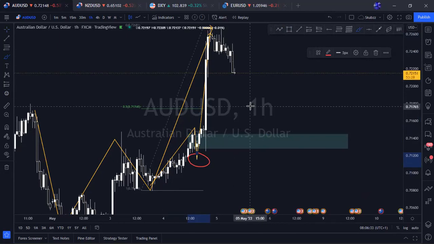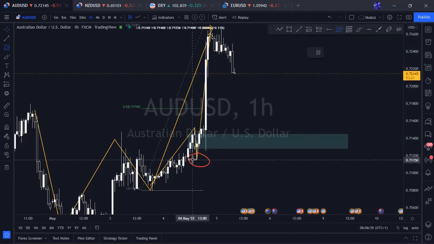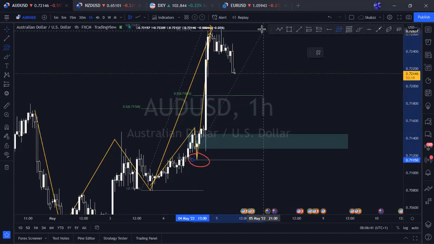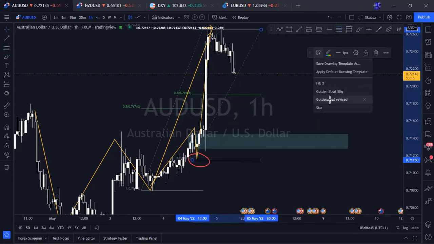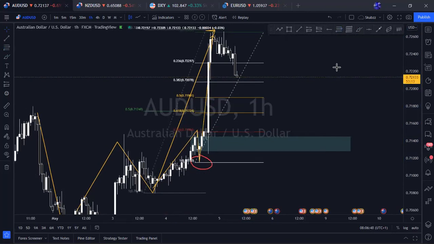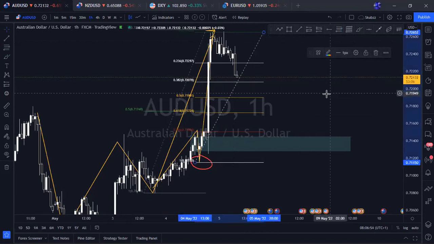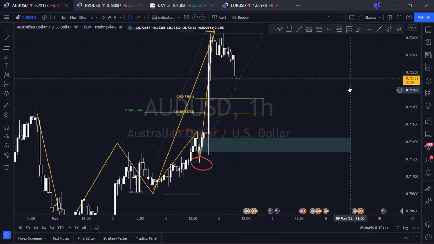So now, if we're looking for buys, this is the first place we can look for buys. Or let's drop our fib and check if there's anything nice there. Good.